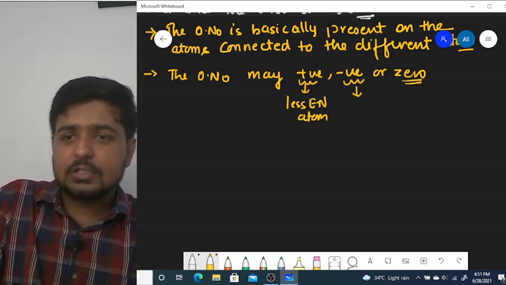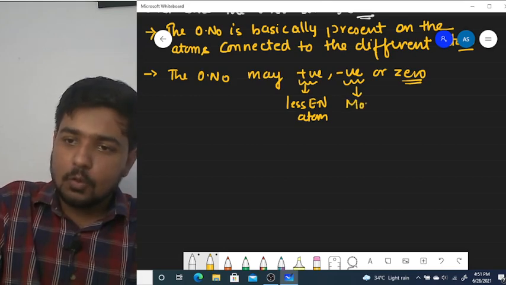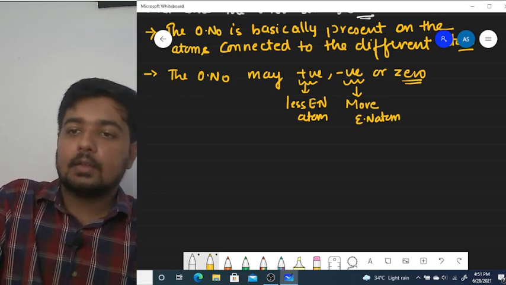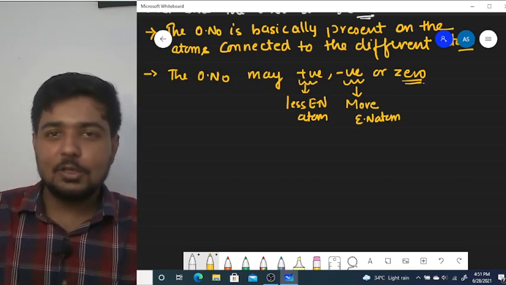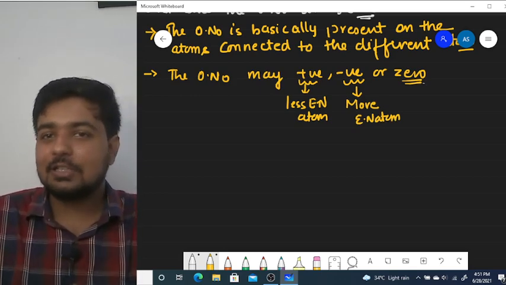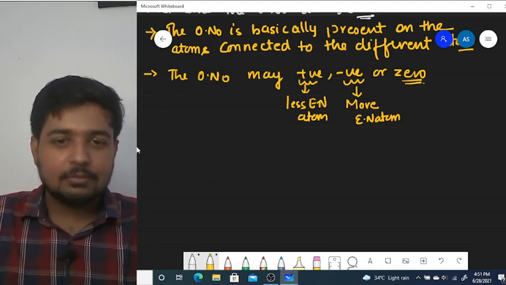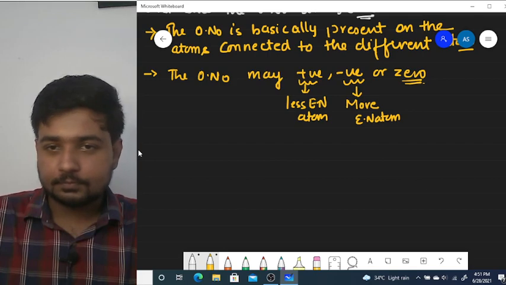Negative oxidation number is present over the more electronegative atom, and 0, you know that 0 is present when the atoms are connected with the same atom.